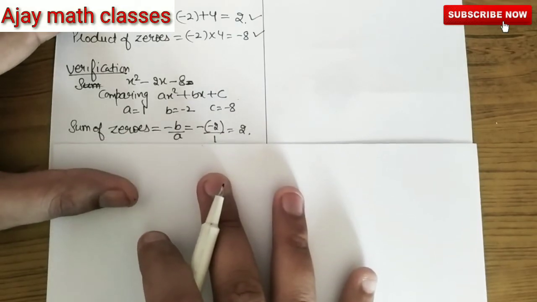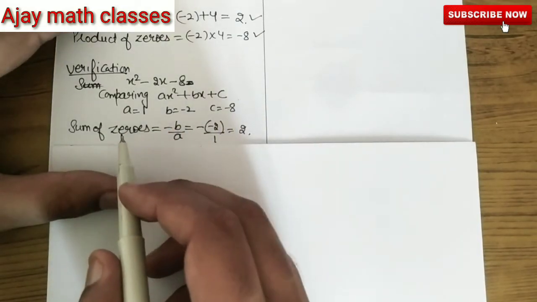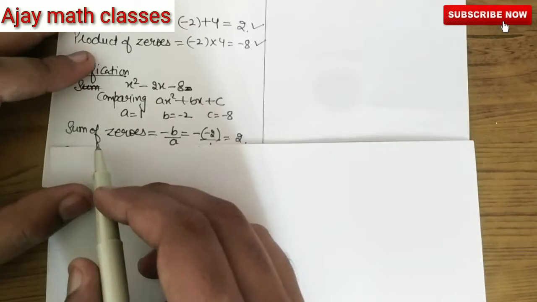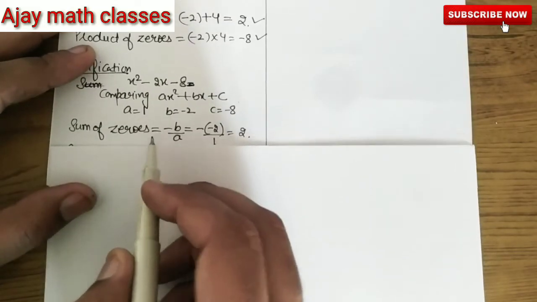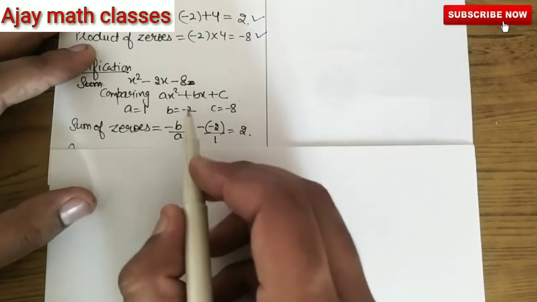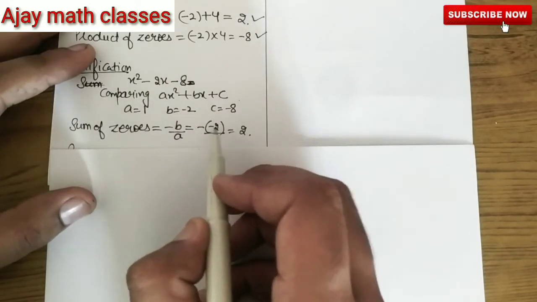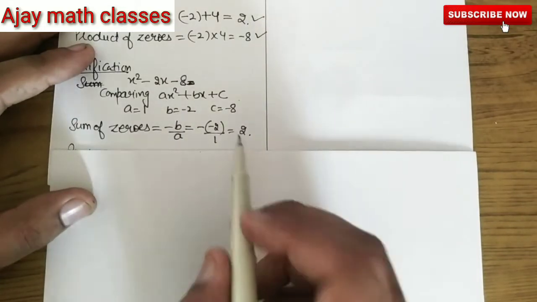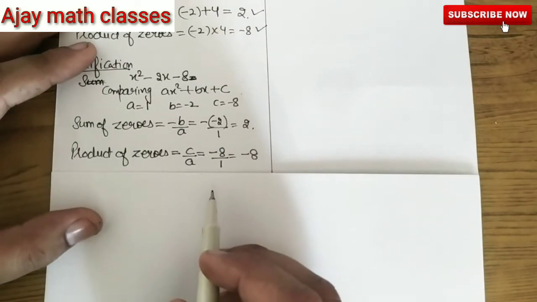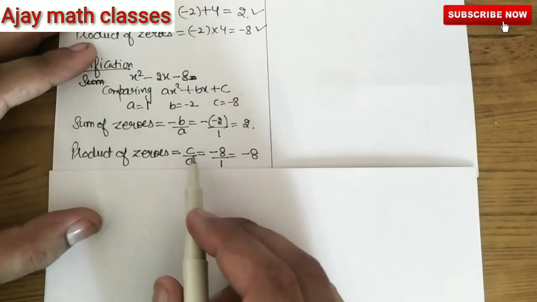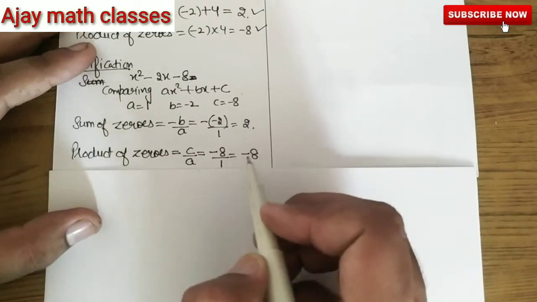We know that sum of zeros is equal to minus b over a. B is minus 2, so minus of minus 2 gives 2. The product of zeros is c over a, c is minus 8, a is 1, so minus 8.